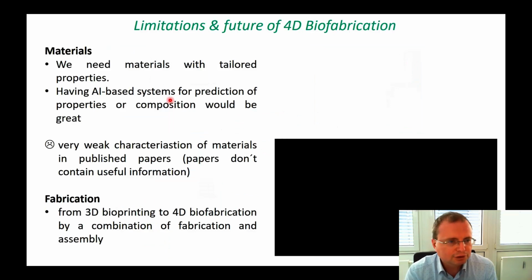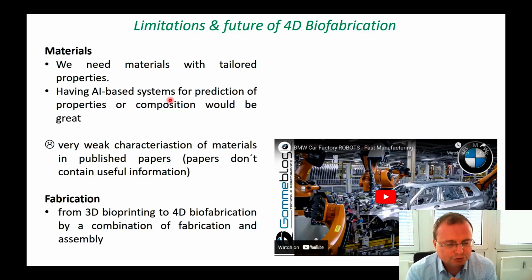At the end of my talk, I would like to make some kind of short discussion about where we shall go and what we shall do in this field of 4D biofabrication. From my experience, I definitely would like to tell you that we need to have materials with tailored properties. We need to have a possibility to design materials with targeted properties, and these properties must be predictable.